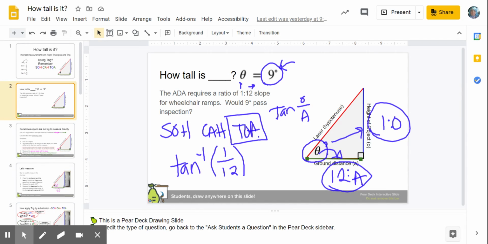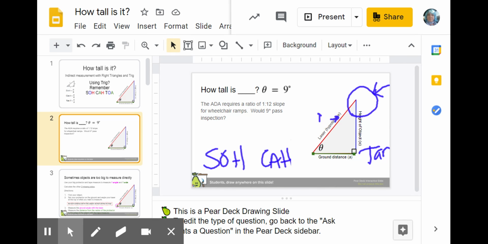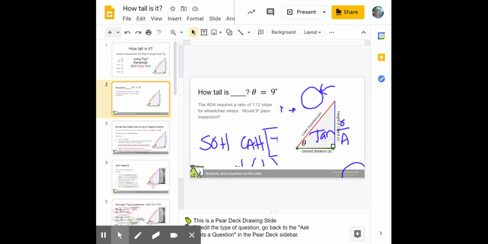Maybe we should split our screen today. What were some of the things that I needed to remember when I did the Desmos graphing calculator? I got to make it in what mode? Degrees. So I can put it in degree mode.